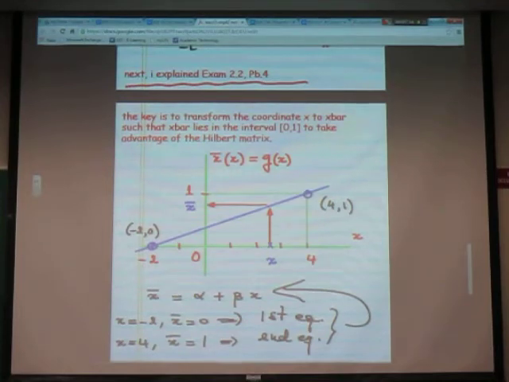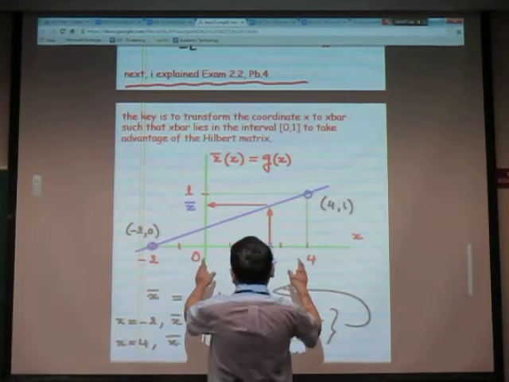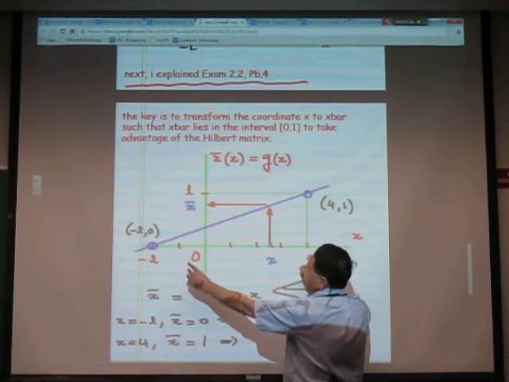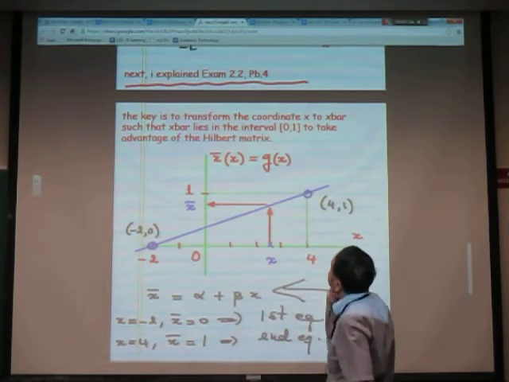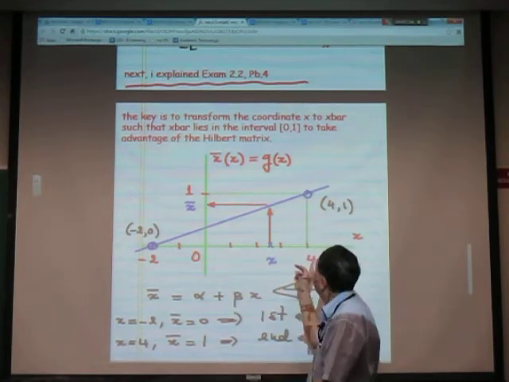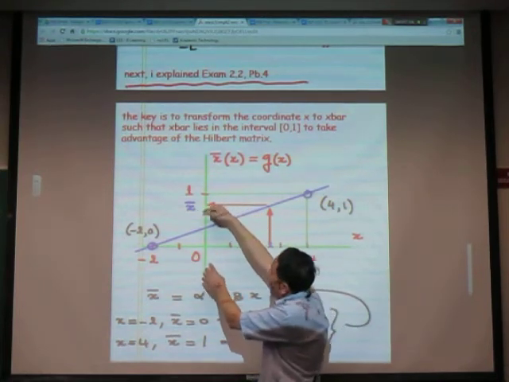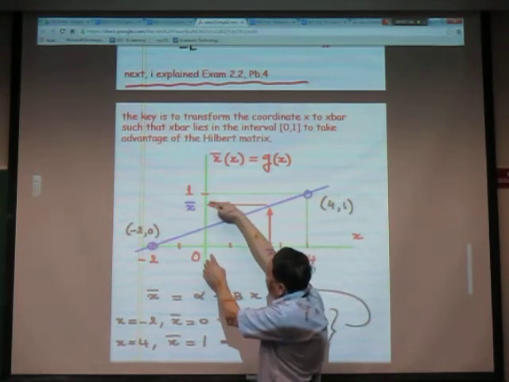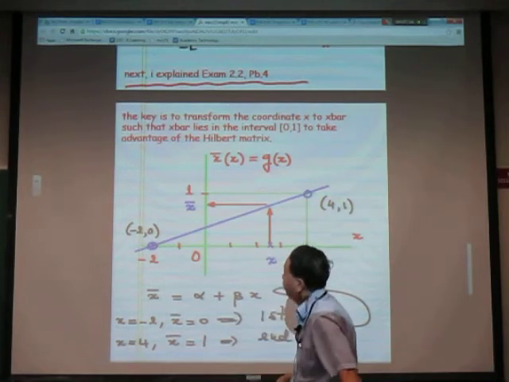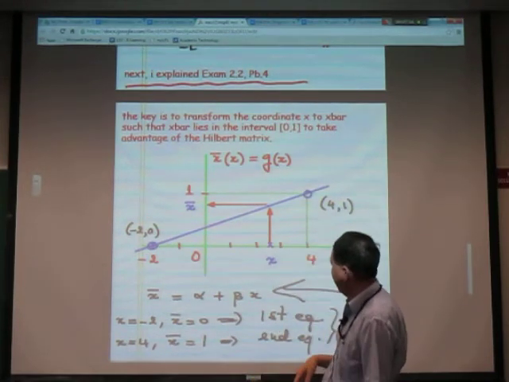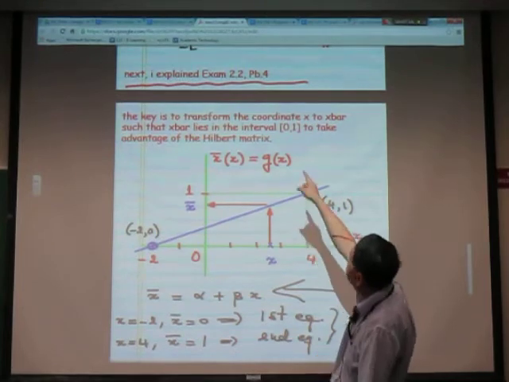The method is you want to map whatever interval that you are given, and in this case from -2 to 4, into a new variable called x bar, and x bar goes from 0 to 1. I think this is probably the exact problem itself here.